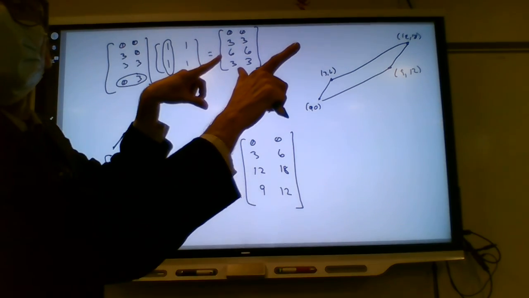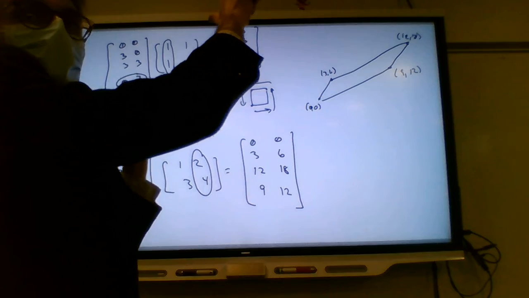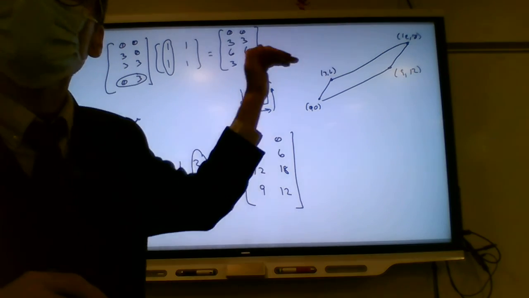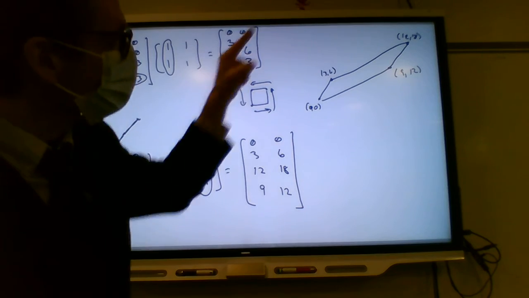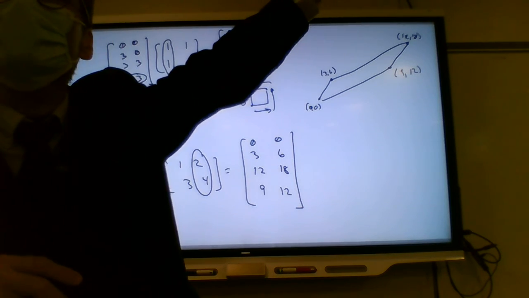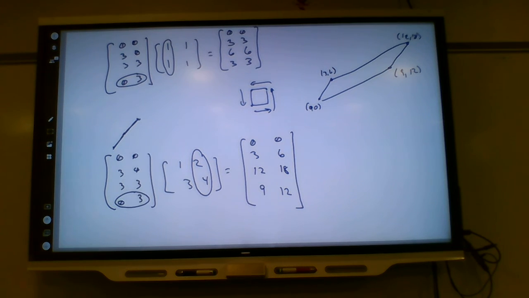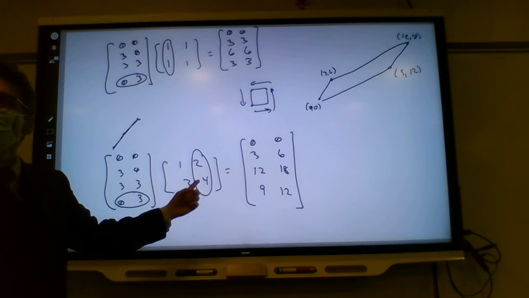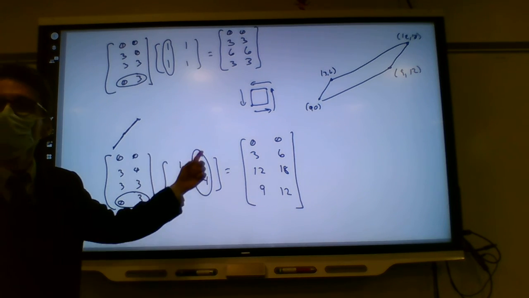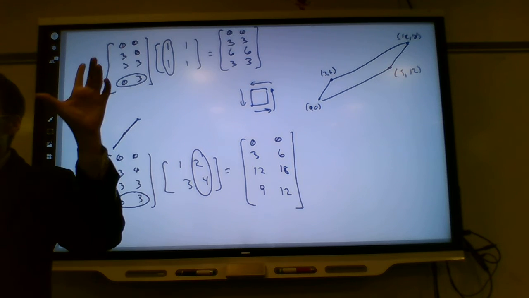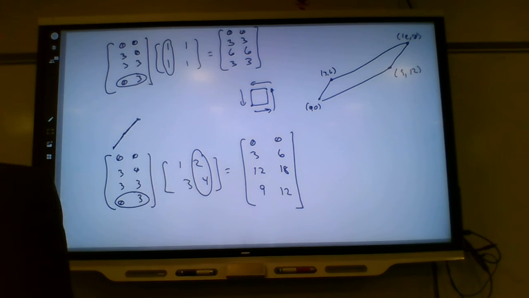Sheared it this way, and also sheared it that way. So overall, we get a horizontal shear and a vertical shear. So it looks like it's sheared in that direction. What about the area? Yeah, we changed the actual values, right? We made it a lot bigger. It wasn't just a one-to-one kind of shear. There was stretching and other things going on there.